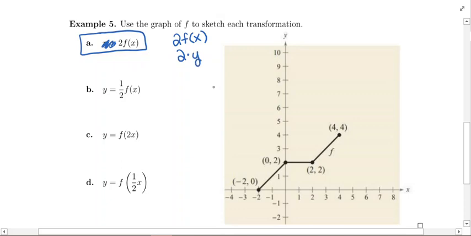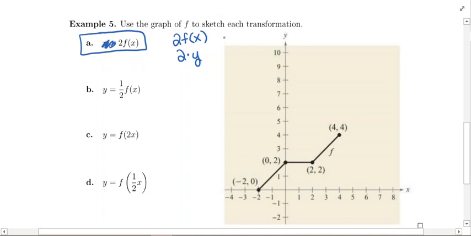So to graph this first transformation, you're going to go to each of these points and multiply the y value by 2. Guess what happens to the x coordinate? Nothing. You only change the y coordinate.